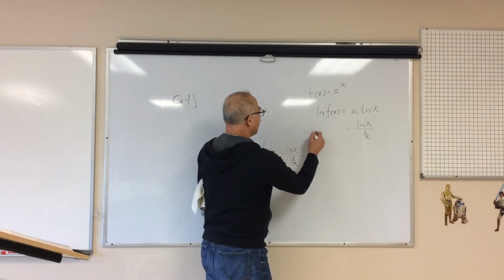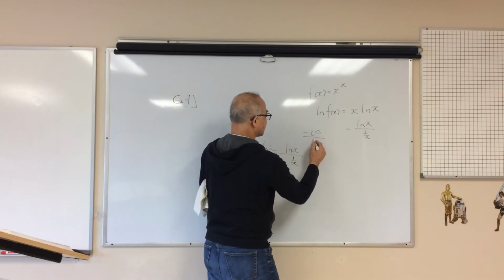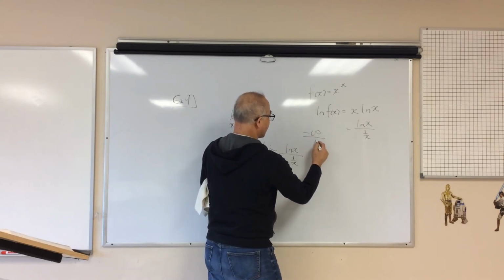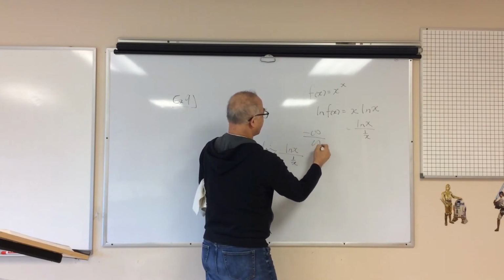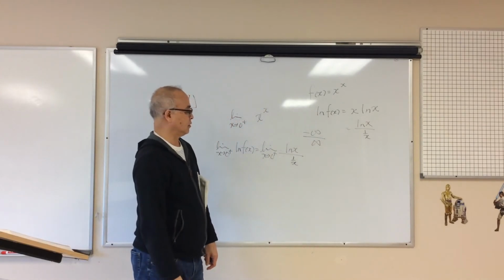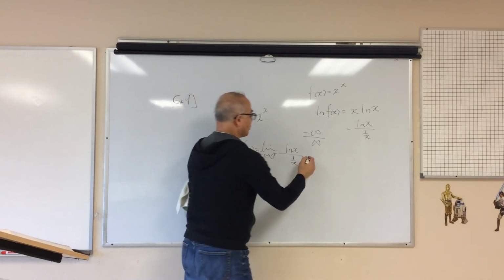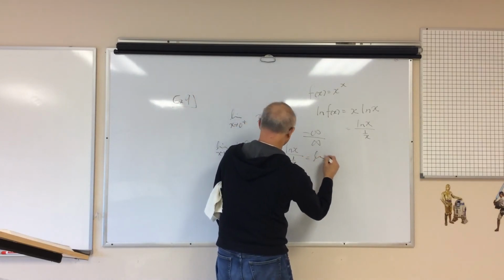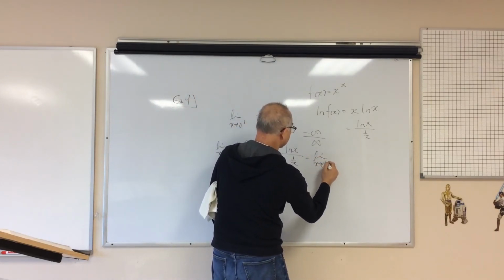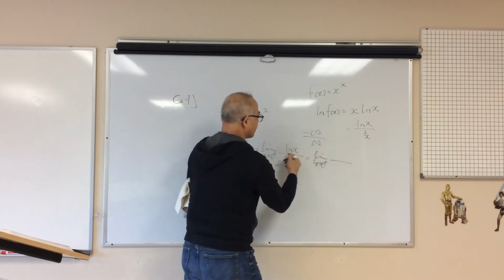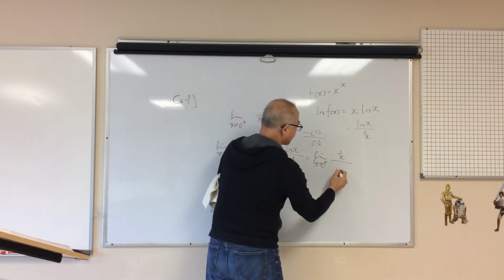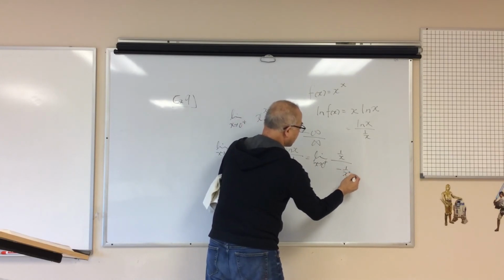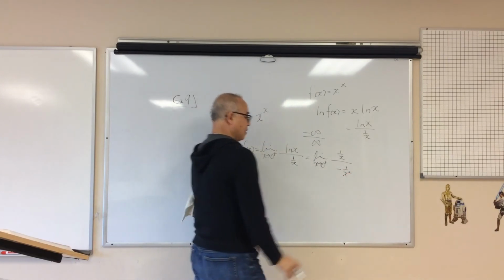So I'm going to get a form that looks like infinity over infinity. So I'm going to use L'Hopital's rule here. Limit as x approaches 0 from the positive side, I take the derivative of this, I take the derivative of this. This is what I get.